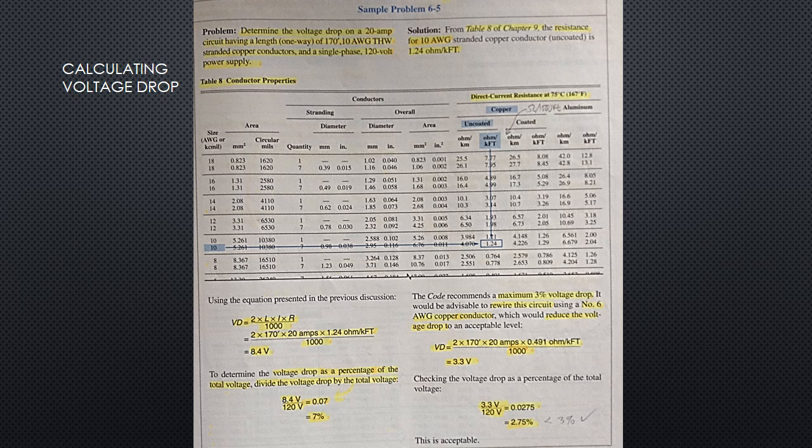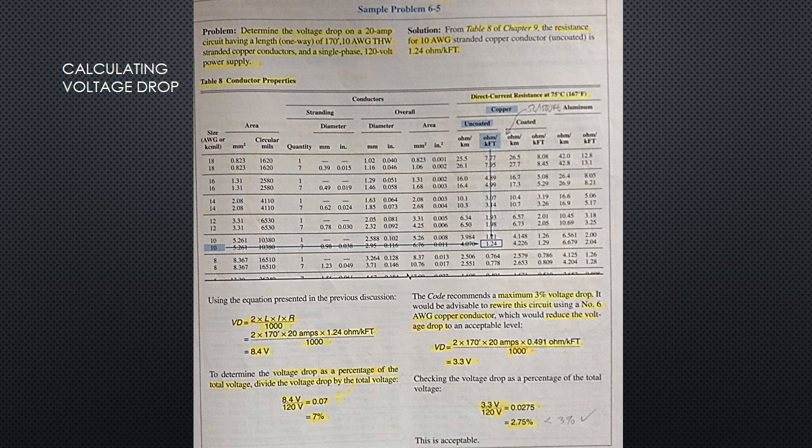So using the equation presented in the previous discussion, VD equals 2 times length times current times resistance divided by 1000. Plug in the values, in this case 2 times 170 times 20 times 1.24 divided by 1000 gives you 8.4 volts. To determine the voltage drop as a percentage of the total voltage, divide the voltage drop by the total voltage.